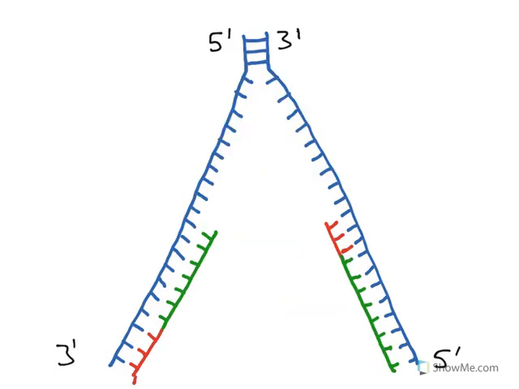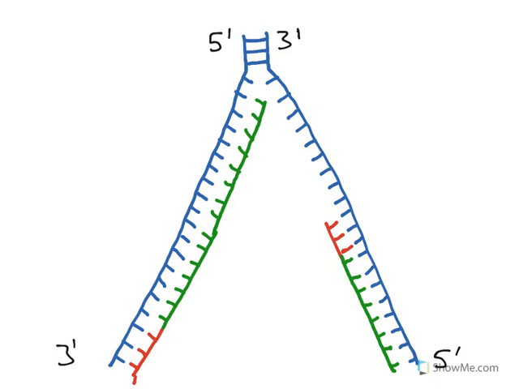So as time goes by and that replication fork opens up even further, the DNA polymerase on the left hand side of the picture will continue to work the way it has done, continuously building up that DNA molecule, like so.